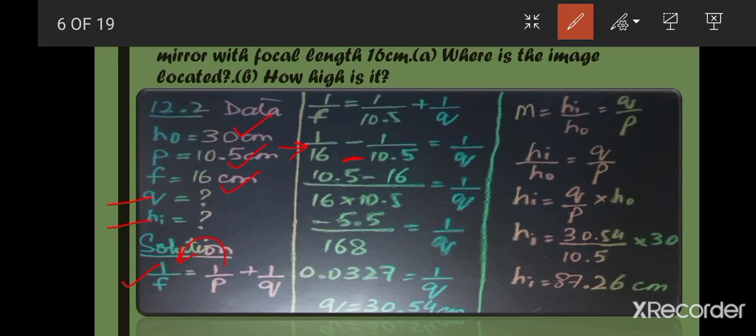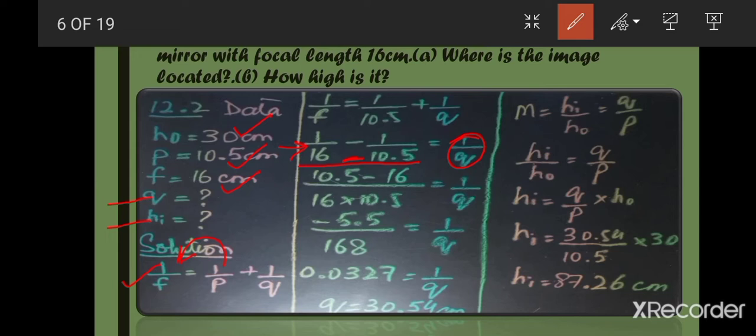Here is the negative sign just because it is taken to the left hand side, and 1 by q is here because we have to find out q. We have to separate 1 by q first. Again, taking the LCM here, you will come to minus 5.5 divided by 168.